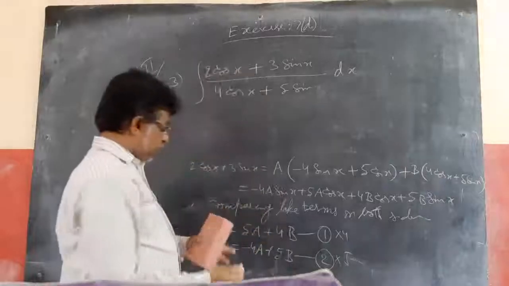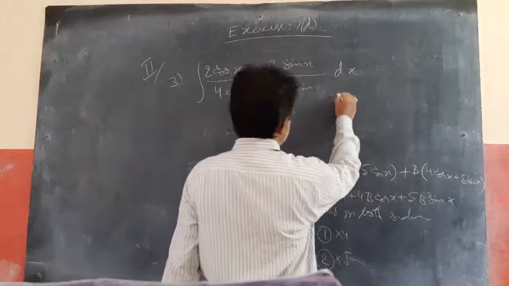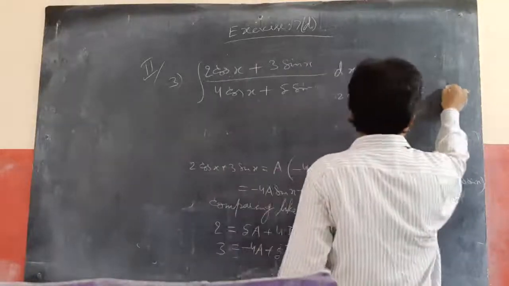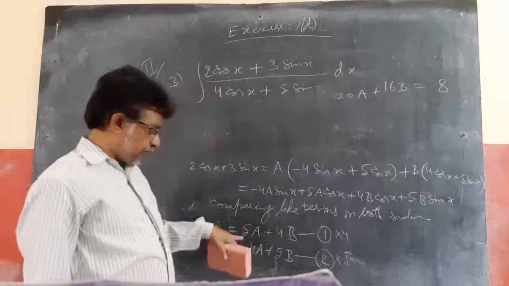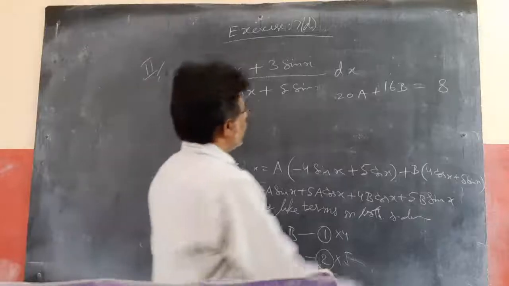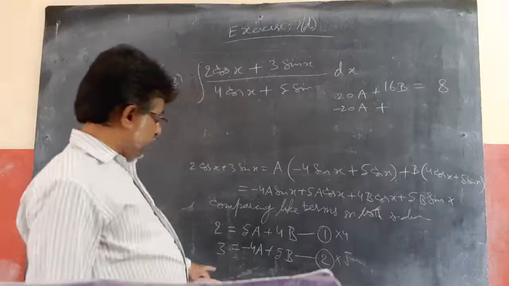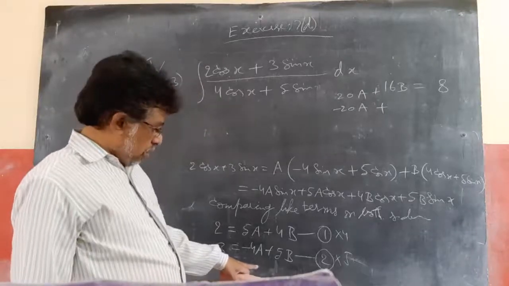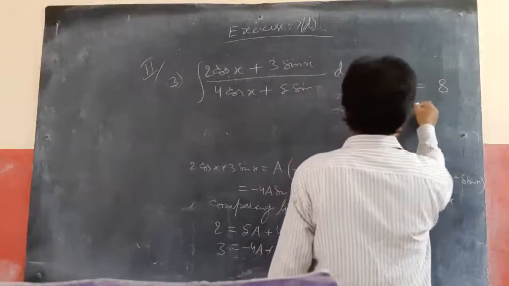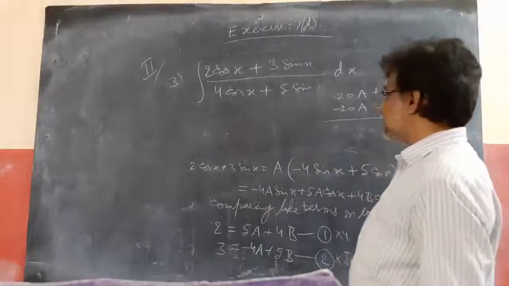So how can I find a and b? Multiplying equation 1 with 4, this becomes 20a plus 16b equal to 4 into 2, which is 8. And multiply the other with 5: minus 20a plus 25b equal to 5 into 3, which is 15.